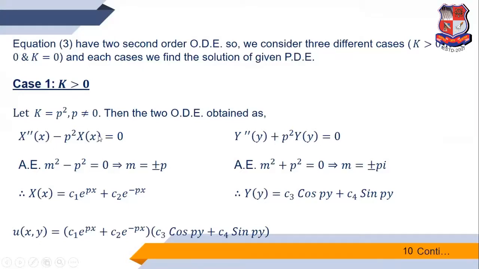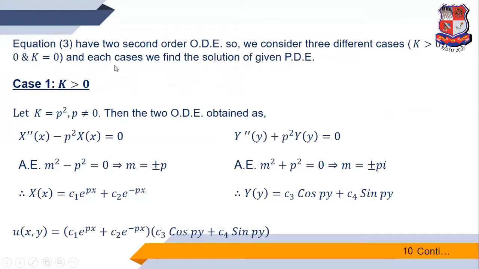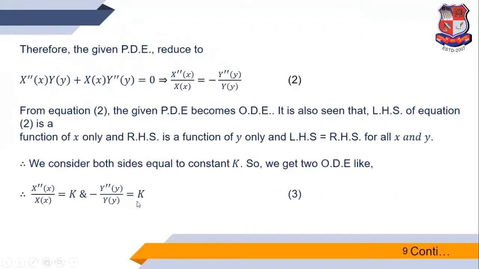But equation 3 is not a first order ODE. It is a second order ODE. And we know that in a second order ODE, we can take different values of k, and then the solution of the second order ODE has a different form.